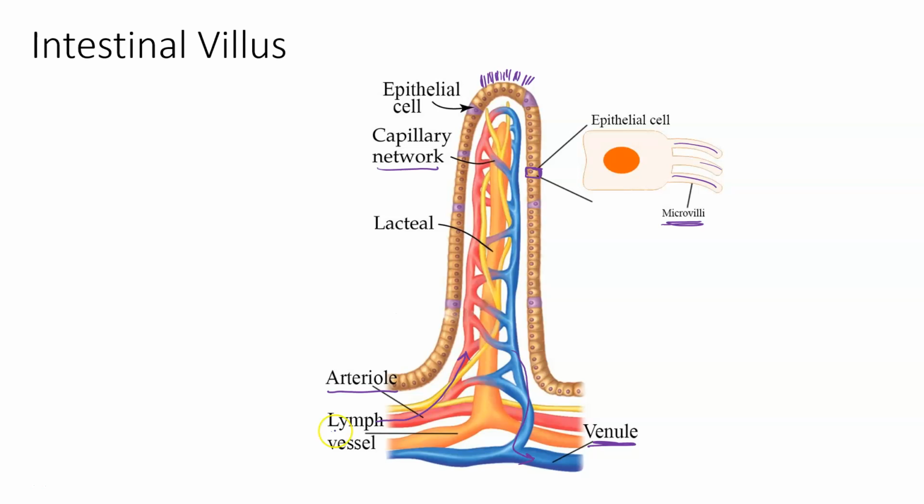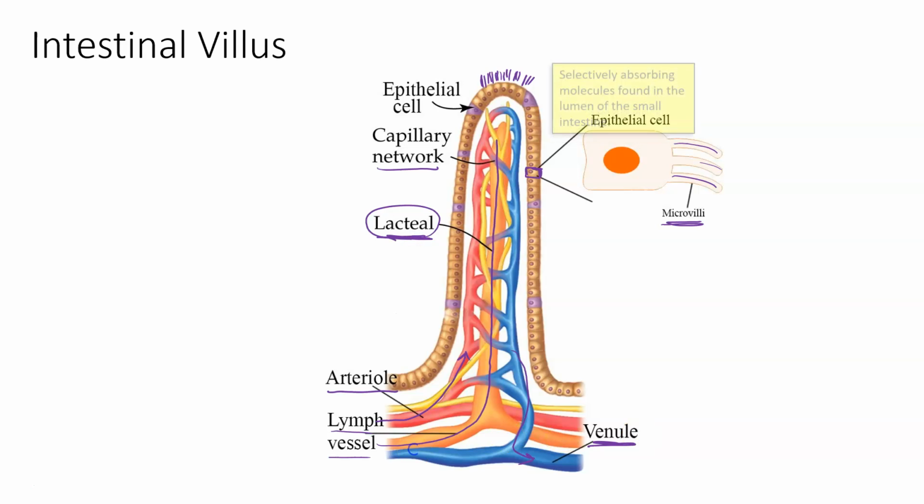Now, there also is lymphatic tissue, or the lymph vessel, that comes into this particular villus as well, and it runs right through the middle of all of the blood supply, the network of capillaries, and this lacteal, which is the name of this structure, has an important role, which we'll talk about in a minute.